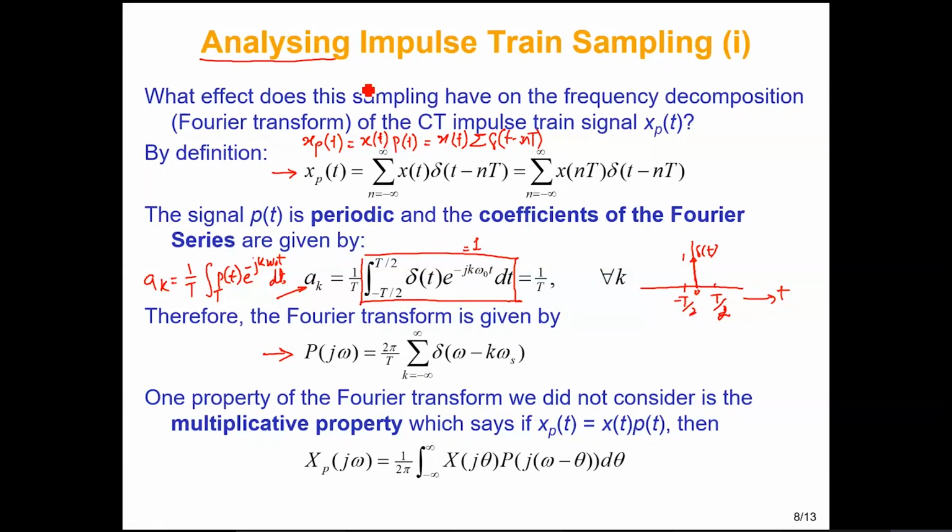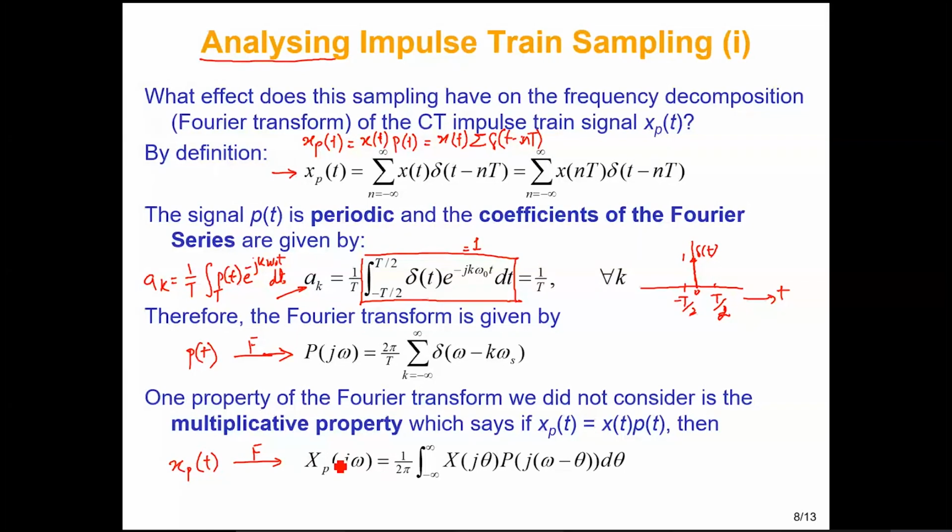And your Fourier transform of x_p(jω), your Fourier transform of the impulse sampled signal. So what will that be? Here we saw that the Fourier transform of p(t) was P(jω). The Fourier transform of x_p(t) will be X_p(jω). Now how do we come from x_p(t) to this?